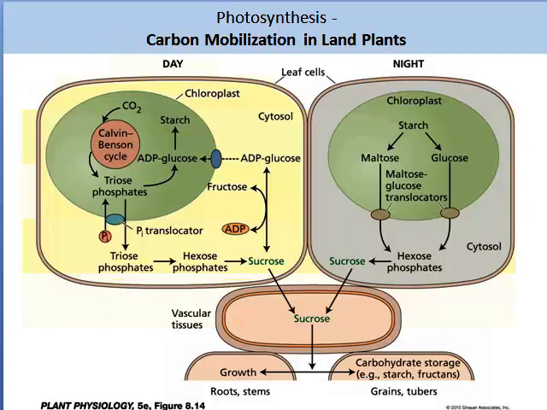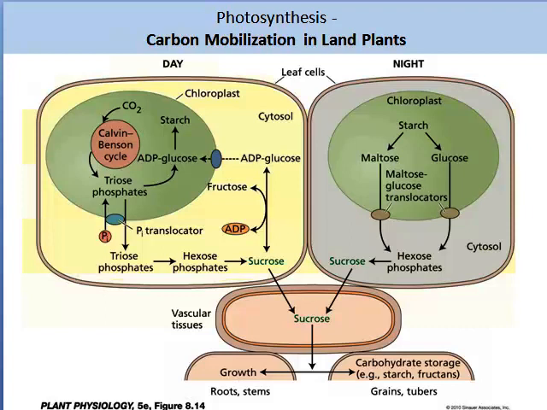Also products of this cycle are the triose phosphates and the hexose phosphates, and these all go to produce the compound sucrose. Sucrose moves from the cytosol into the vascular tissues, where it is then transported through the plant in the vascular tissues or phloem.